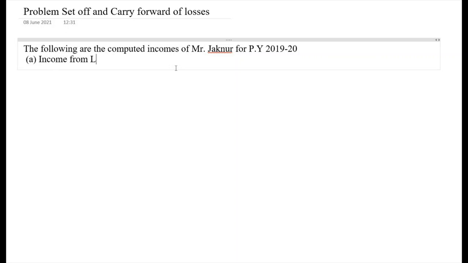Income from let out property, LOP, rupees 1,50,000. Let me insert the symbol of rupee here.